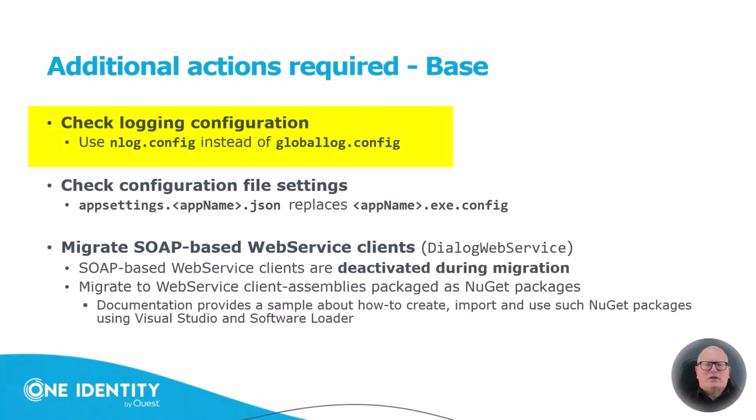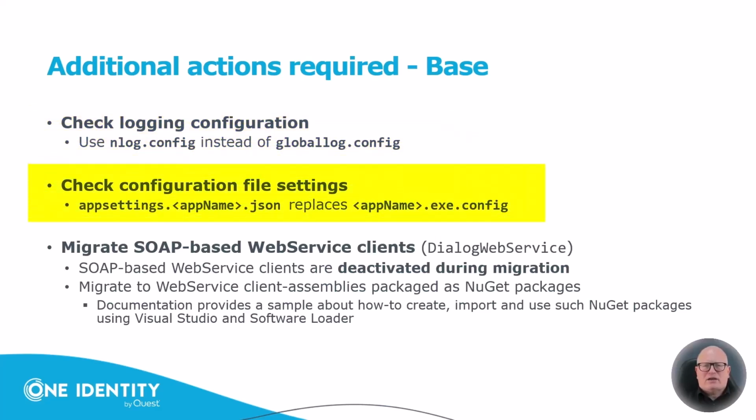Additionally, with the use of .NET 8, the file global.log.config, which is a .NET Framework configuration file, does not exist any longer. Instead of that, please use the nlog.config file. This is what is as well shipped with the installation. Another thing that changed is the application name.exe.config file behavior.